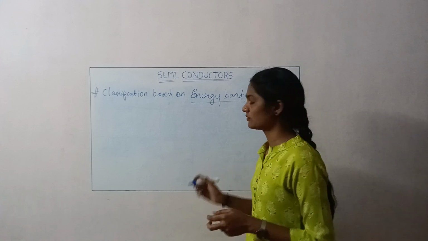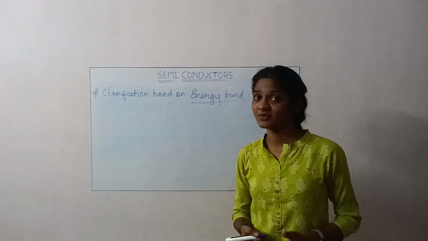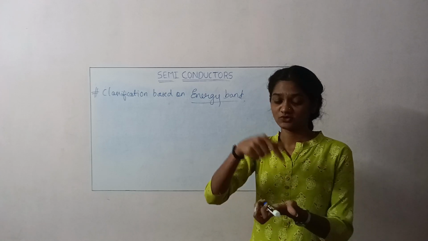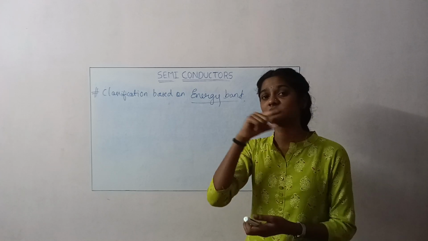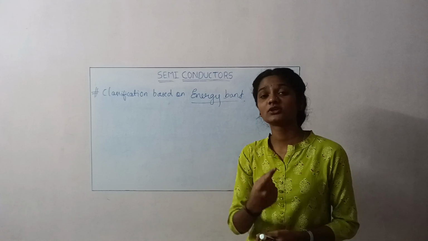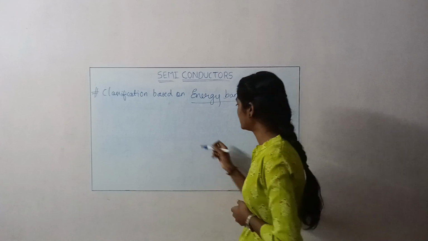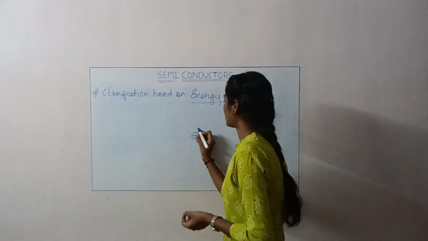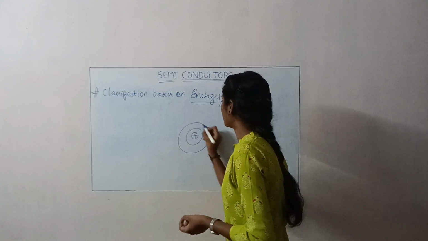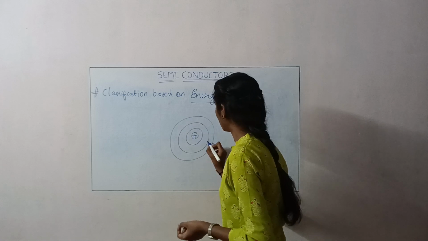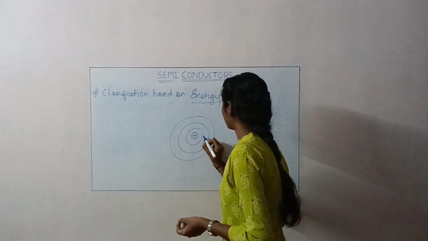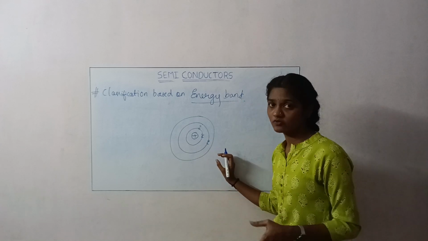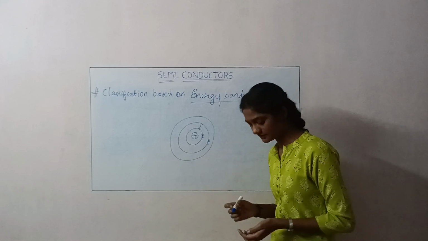The atom consists of a nucleus at the center, which is positive charge, and electrons are revolving around the atom.